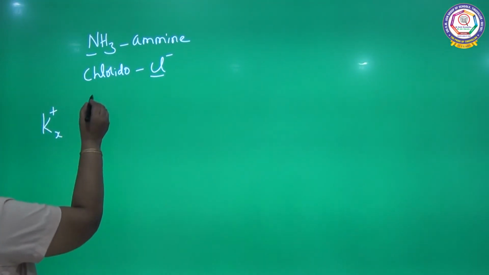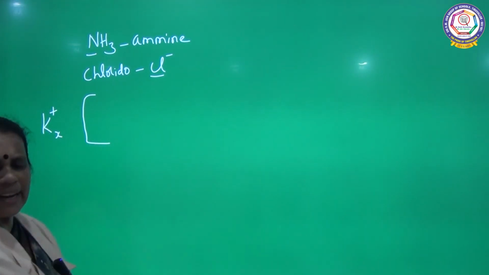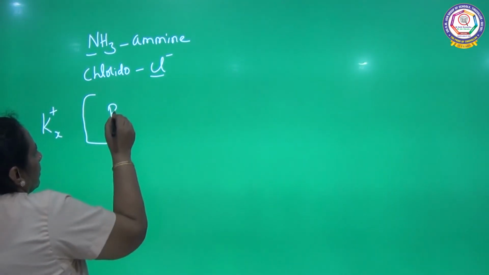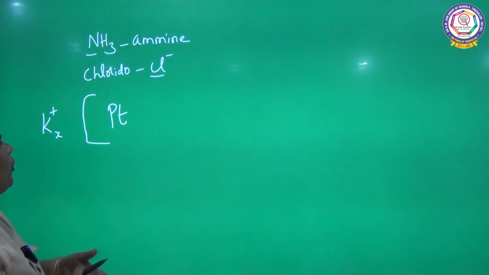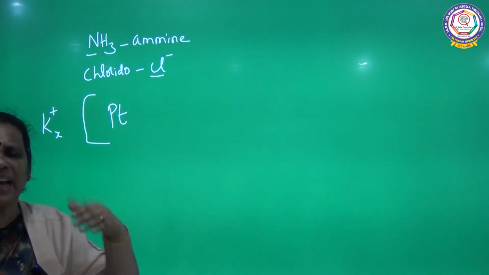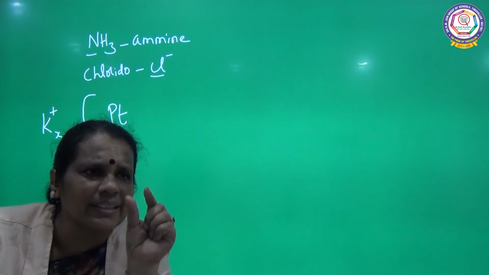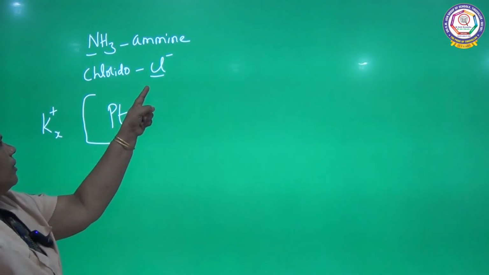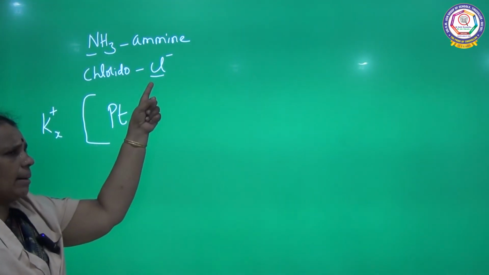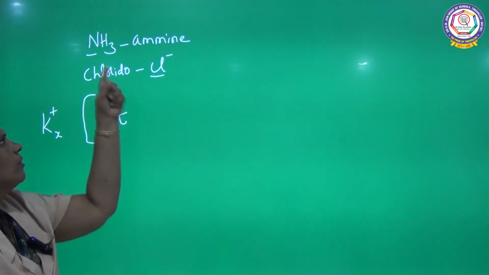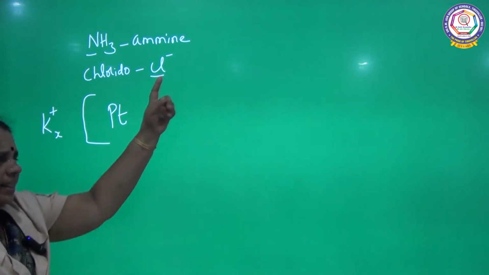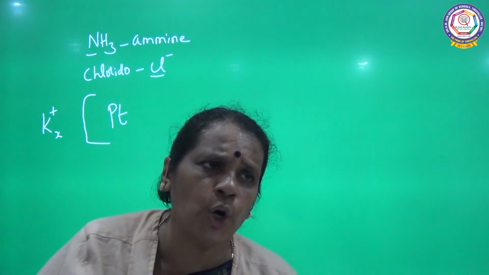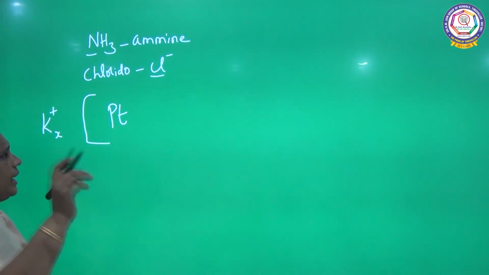Then you start with the square bracket. The central metal ion is platinum. If you arrange the ligands in alphabetical order based on the first symbol of the formula, C comes first, followed by N. In the name it was clearly given trichlorido, so there are 3 chlorine atoms.